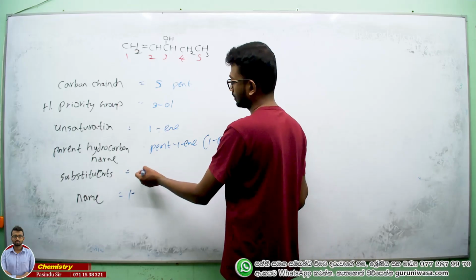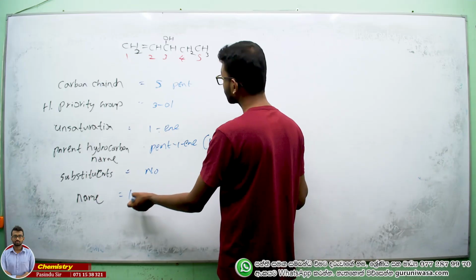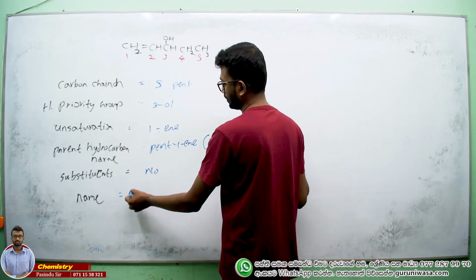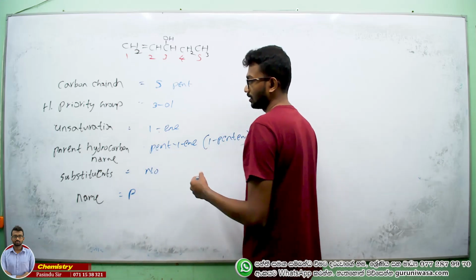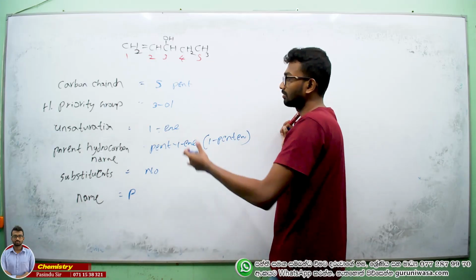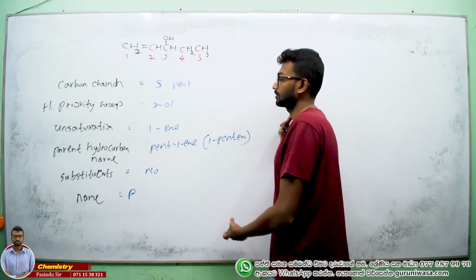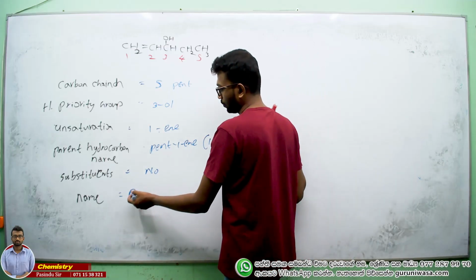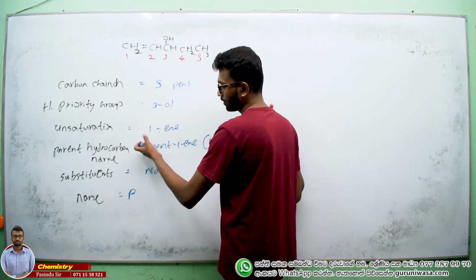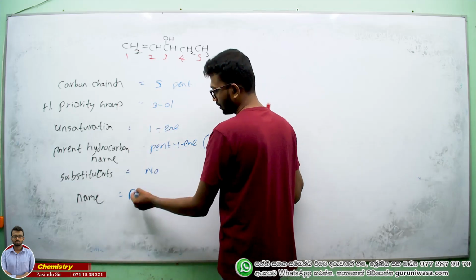Substituents, no substituents. What is the name? Because here only one priority group, only the priority group, no substituent, therefore nothing in front of the main hydrocarbon name.